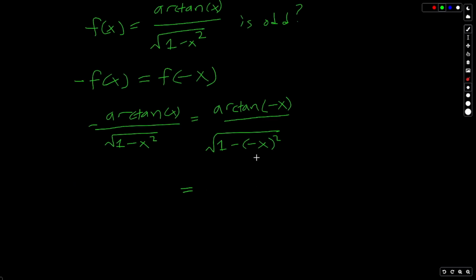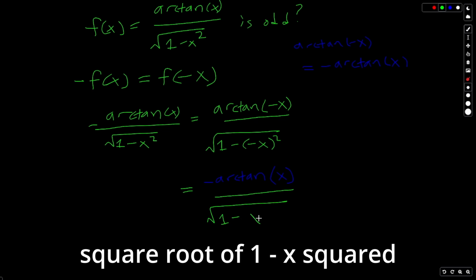We can do a bit of simplification on the right side. This is equal to arc tangent of negative x. We actually know by a trig identity that arc tangent of negative x is equal to negative arc tangent of x, because arc tangent is an odd function. So we can change this arc tangent of negative x to negative arc tangent of x divided by square root 1 minus x squared.